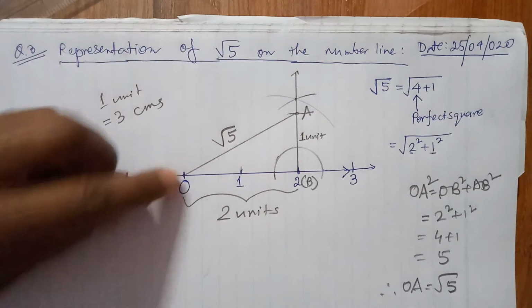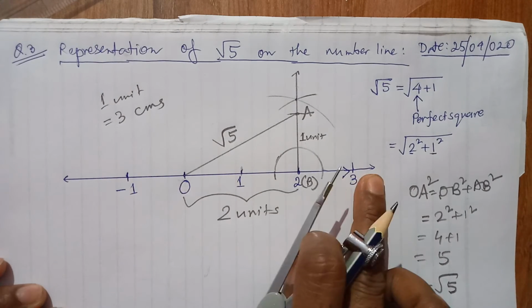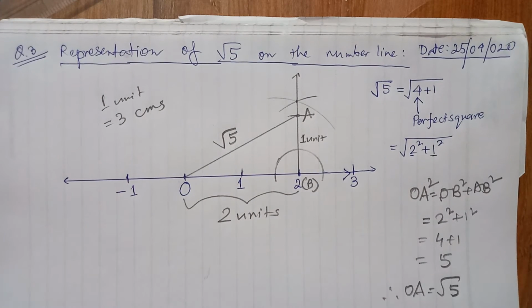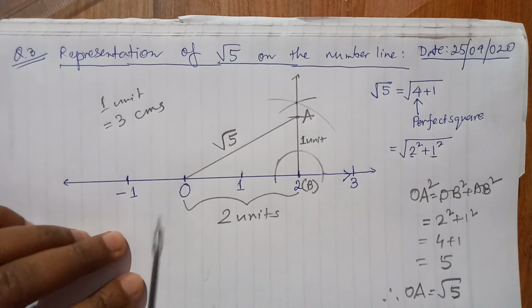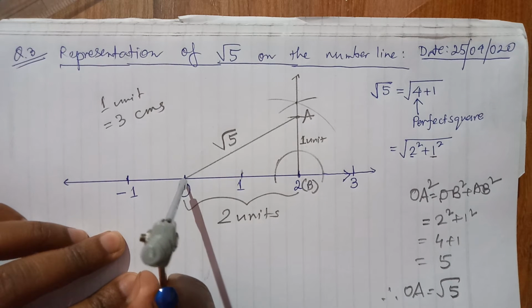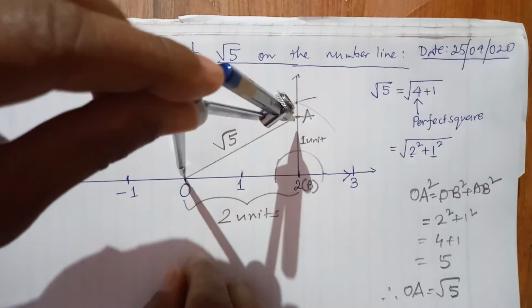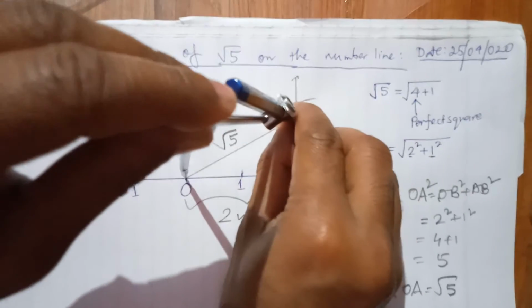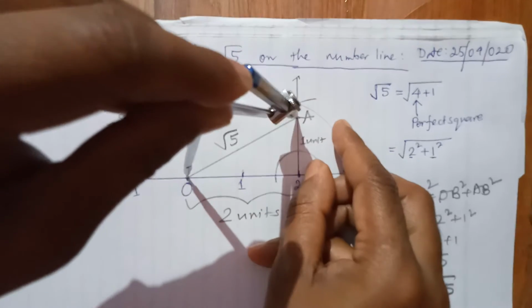Now this length is root over 5. How to represent root over 5 on this number line? To get root over 5 on the number line, again put the pointer at this point 0, and then measure this root 5 with the help of your compass.